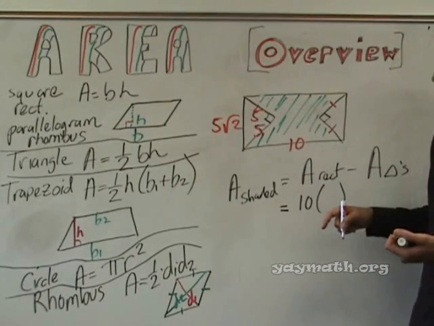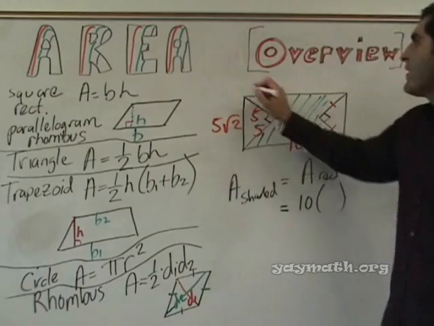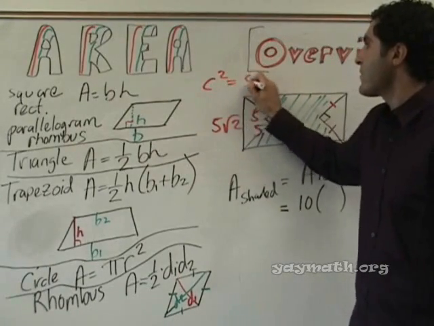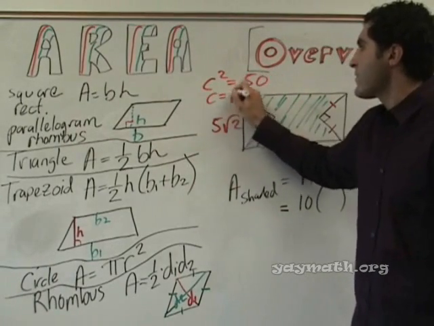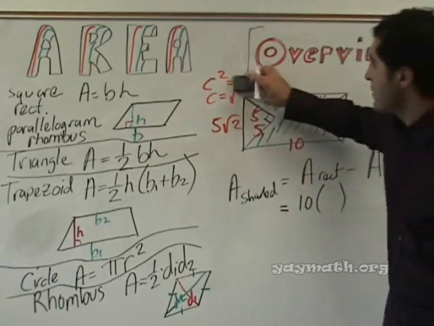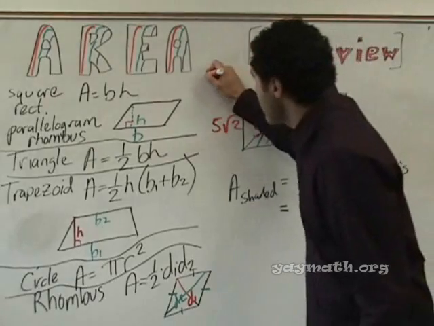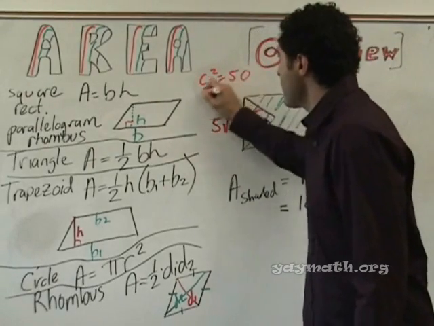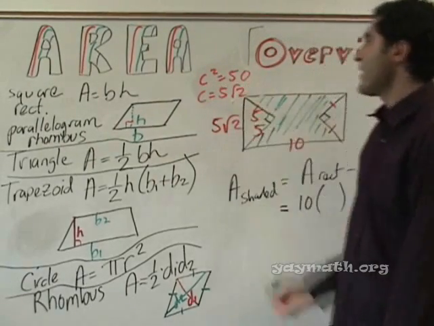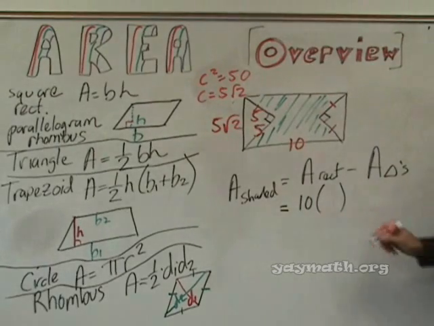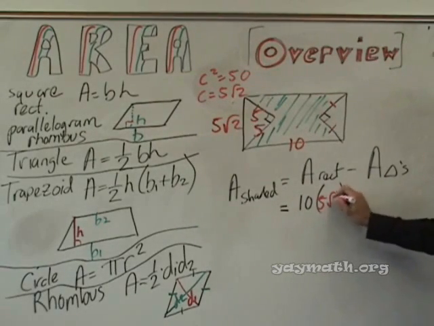If you did Pythag, you get c squared equals 50, and c equals 5 rad 2, because it's 25 times 2. You take the square root of both sides. So with your permission, 5 rad 2 here.